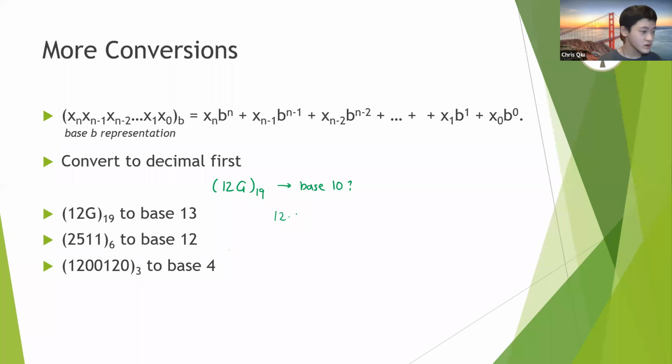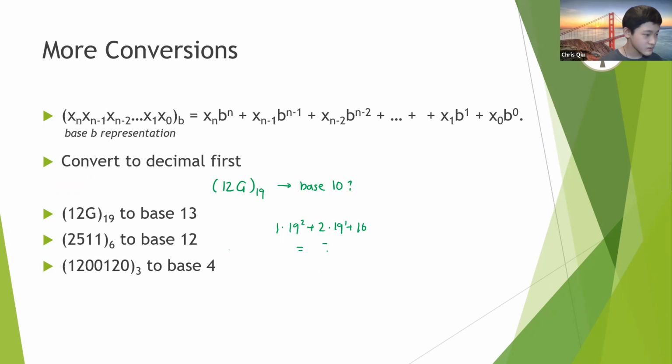Well, we can use our definition. So we'll have 1 times 19 squared plus 2 times 19 to the first power plus G, which is 16. And what we'll get from adding these is 136. Sorry, not 136.